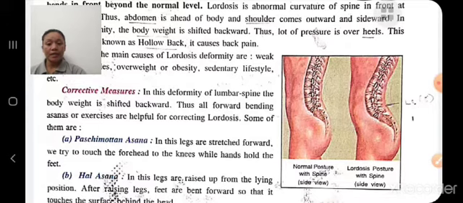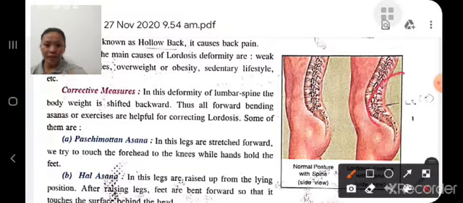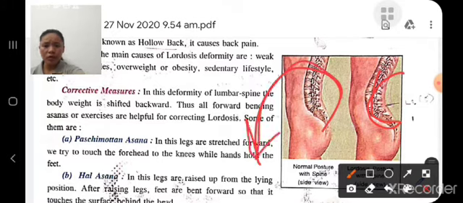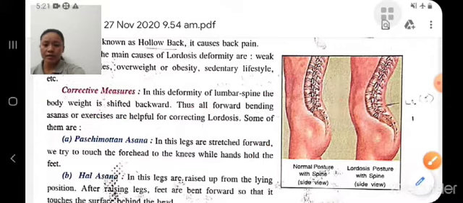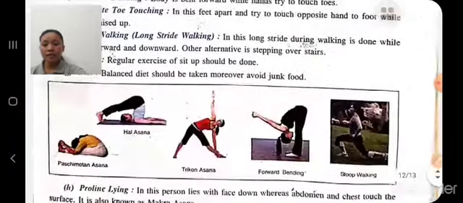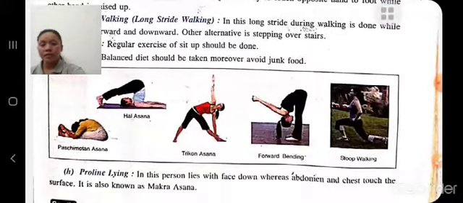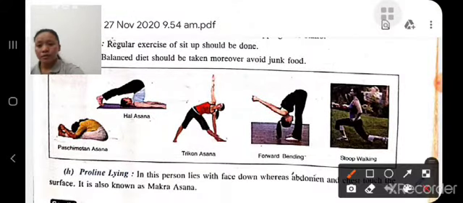How can you correct it? Forward bending exercises. As your lumbar spine is bent backward, therefore do forward bending exercises. In Lordosis, your spine bends backward, therefore you should do forward bending exercises like Paschimottanasana, in which you bend forward.